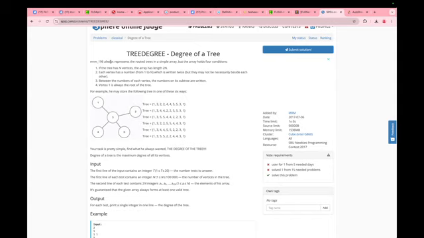So the problem is that a user always represents the rooted trees in a simple array. First, the array holds four conditions. Okay, so there are four conditions based on which a tree is represented in an array format. So we will see how it will be represented.